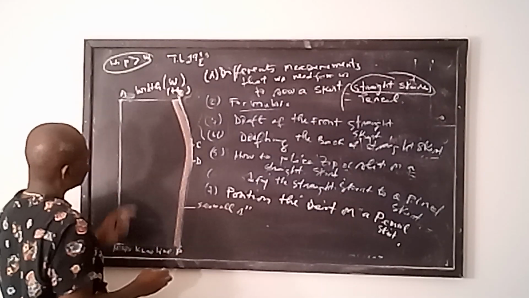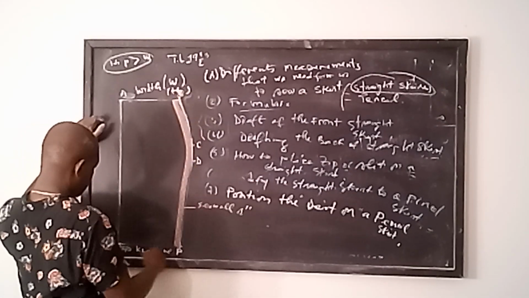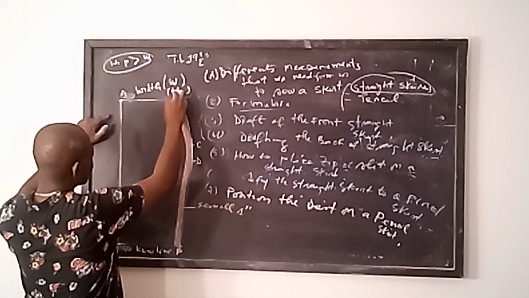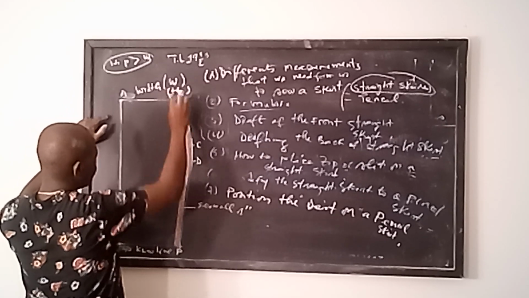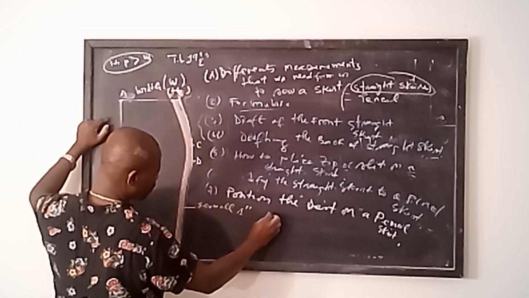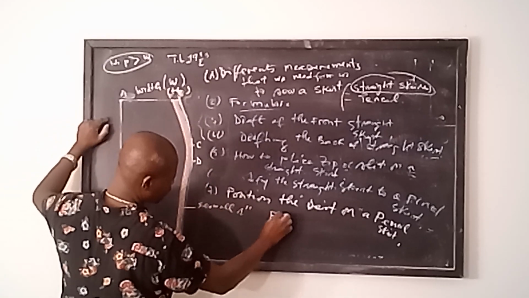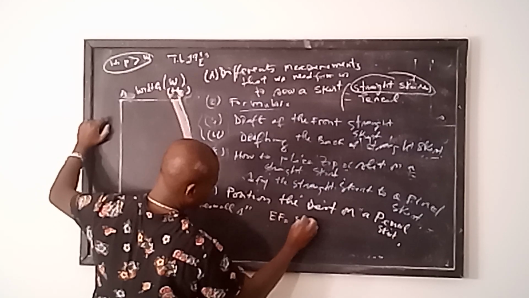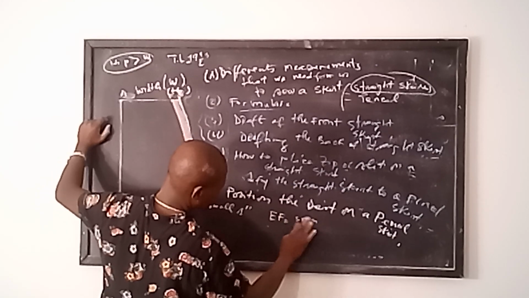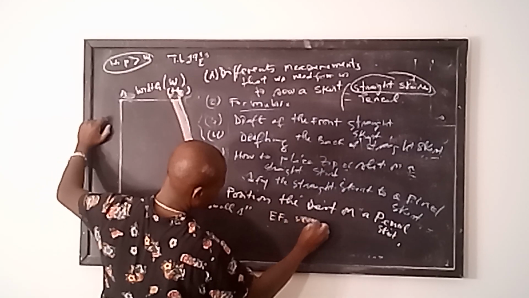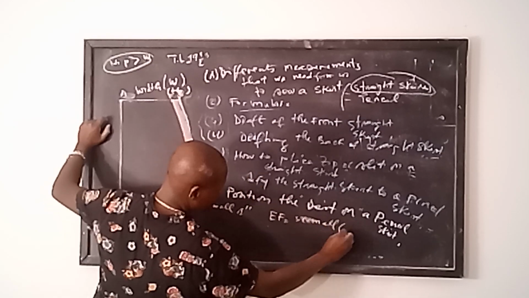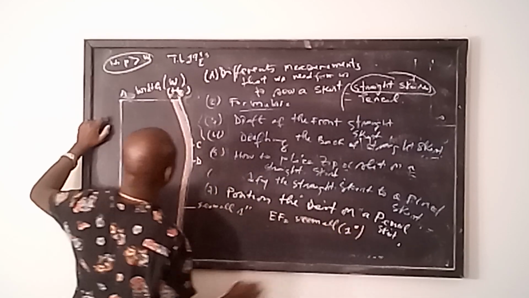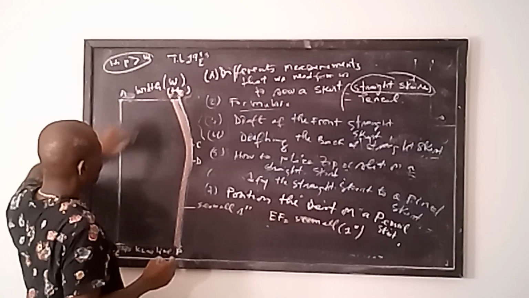So what you can do, I say E, and let's see what letter I can put here. Let's call it F because they are close. And then you come here, you say EF is what? It is your seam allowance. You can maybe put 1 inch. So E and F is 1 inch.